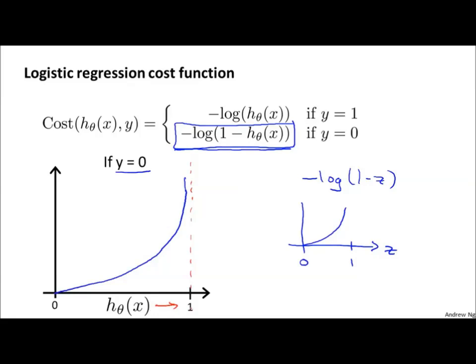And this captures the intuition that if a hypothesis predicted that h of x is equal to 1 with certainty, with probability 1, so that it's absolutely got to be y equals 1, but y turned out to be equal to 0, then it makes sense to make the learning algorithm pay a very large cost. And conversely, if h of x is equal to 0 and y equals 0, then the hypothesis nailed it. It predicted y is equal to 0, and it turns out y is equal to 0. So at this point, the cost function is going to be 0.